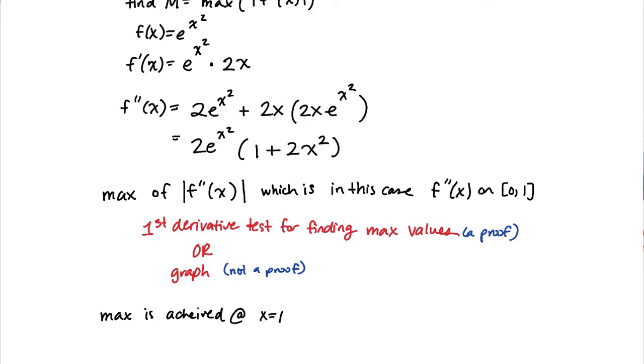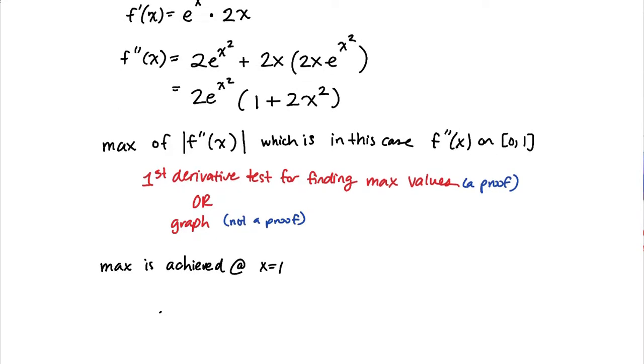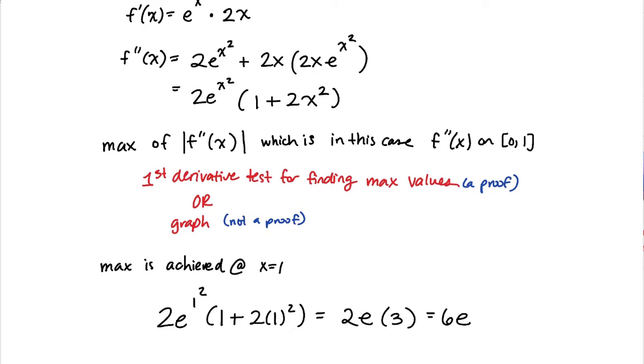I misspelled achieved. I before E. Okay, so the maximum is achieved at x equals 1: 2e to the 1 squared times 1 plus 2 times 1 squared, which is equal to 2e times 1 plus 2 is 3, which is 6e.